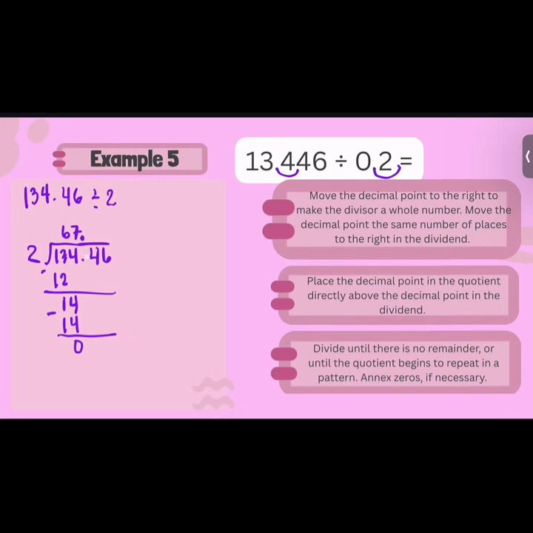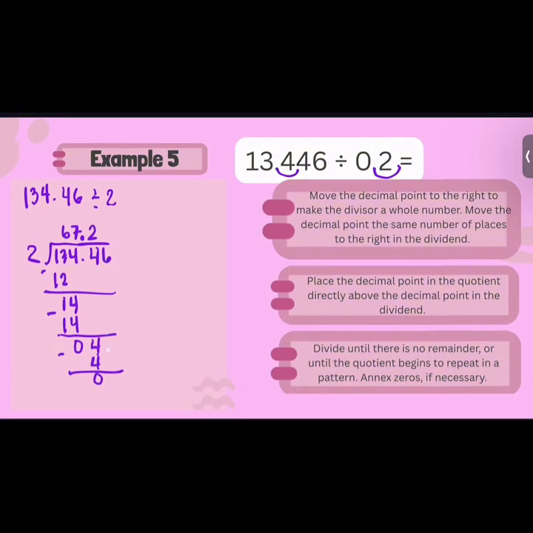Next, proceed tayo with the next digit. So bring down 4. 4 divided by 2, so that is equal kay 2. So we are going to put the answer above. Then 2 times 2, it is equal kay 4. Then subtract 4 minus 4 is equal kay 0. Next, we are going to bring down 6.